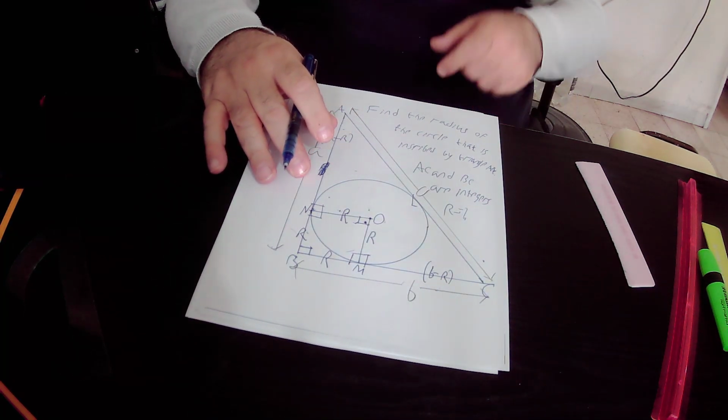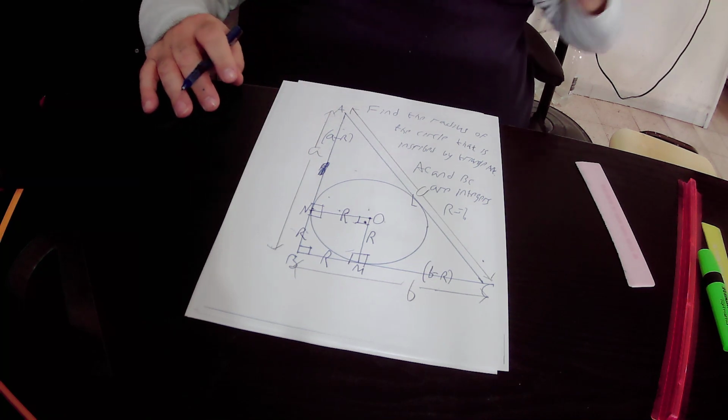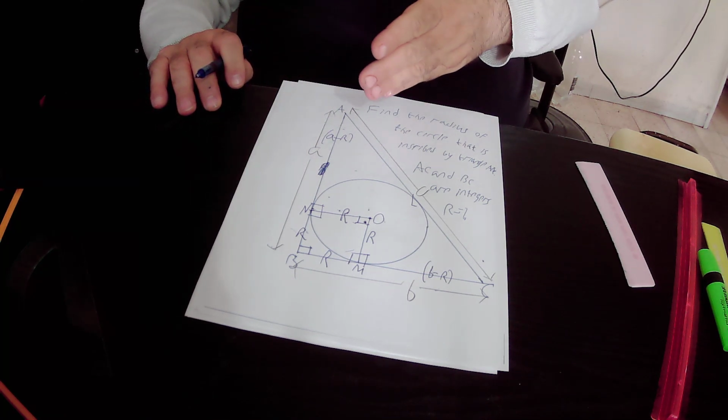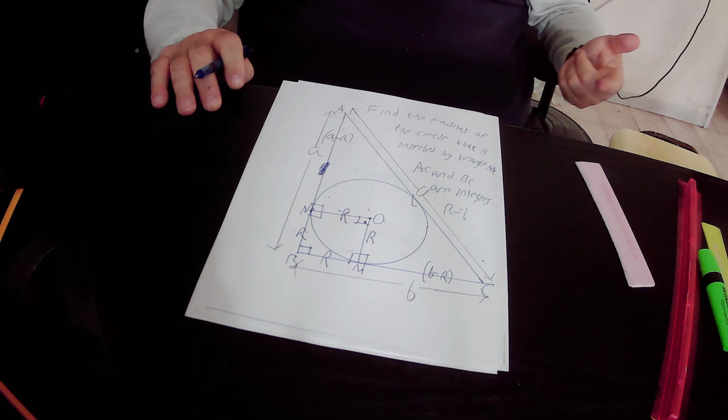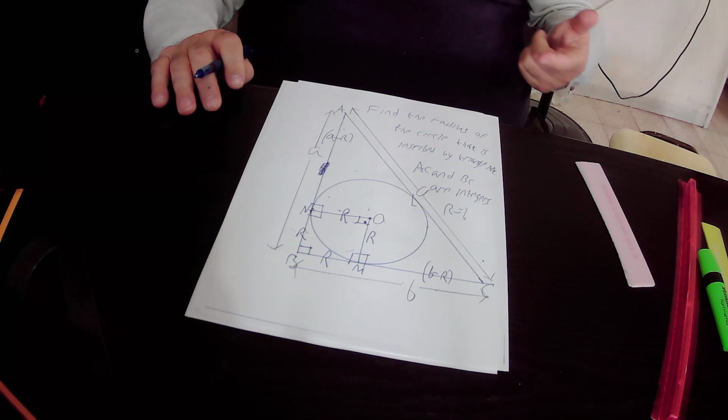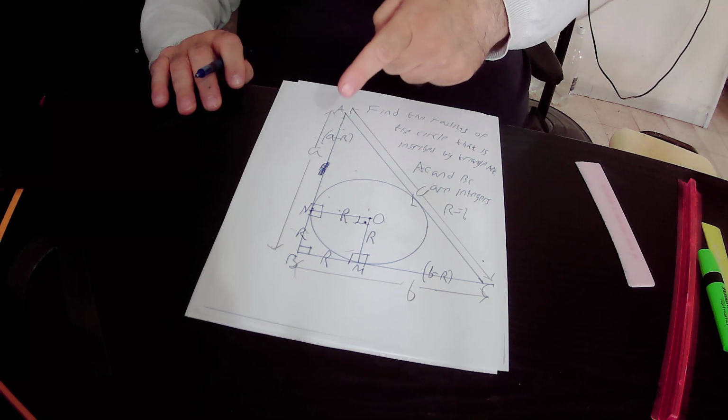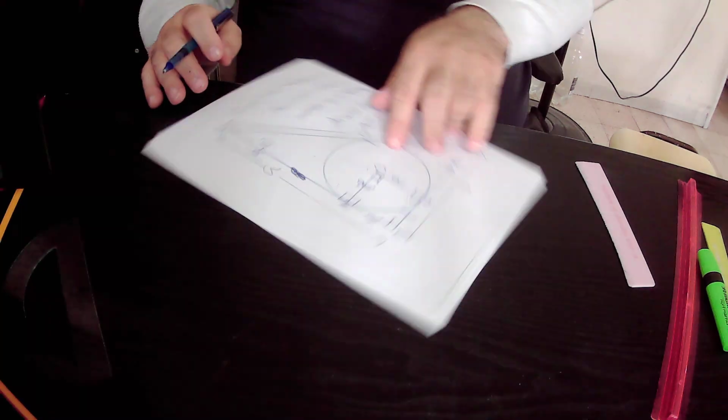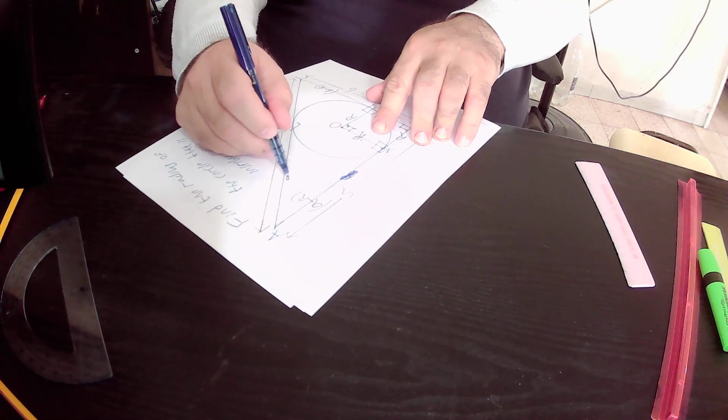That is to say, AN equals AL. But we have already found out that AN equals A minus R. Therefore, AL that is equal to AN must be also equal to A minus R.